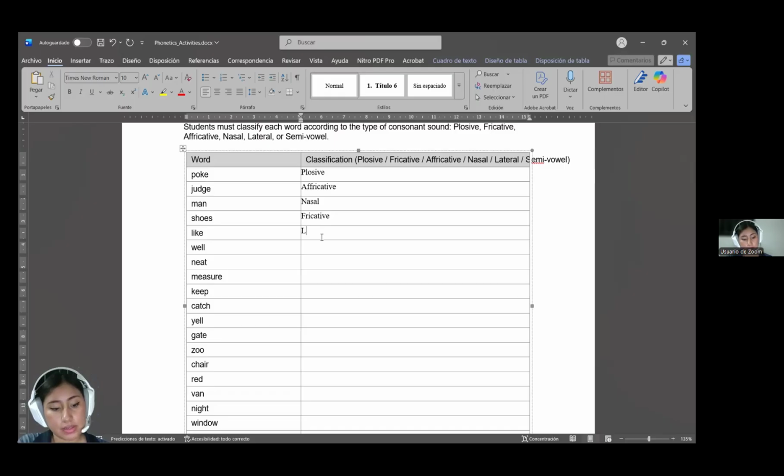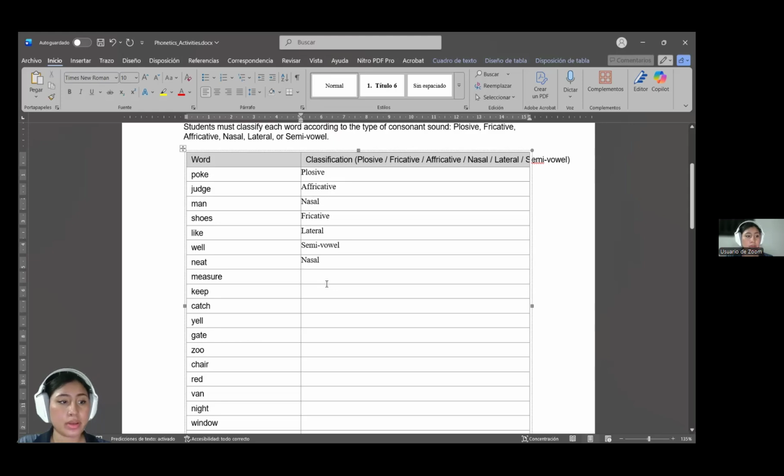Exactly, like is lateral. Well, yes, semi-vowel. Sorry, well is semi-vowel. What about neat? Neat. Yes, it is nasal.